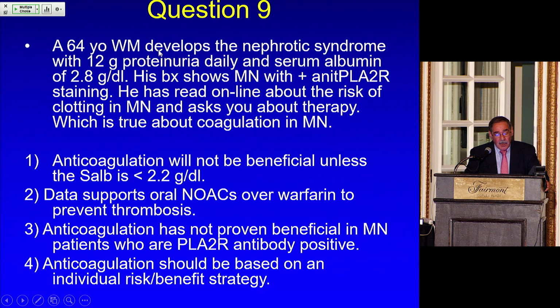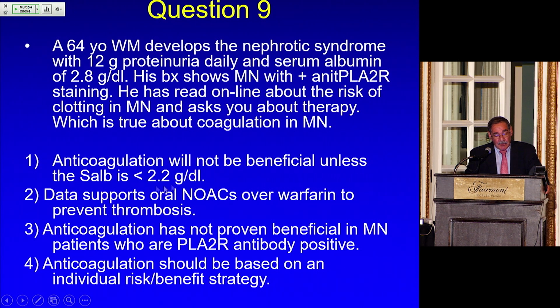Okay, question 9. A 64-year-old white male develops the nephrotic syndrome with 12 grams of proteinuria and a serum albumin of 2.8. His biopsy shows membranous nephropathy with anti-PLA2R staining. He's read online about clotting and asks you about therapy. Which is true about coagulation or anticoagulation in membranous nephropathy?